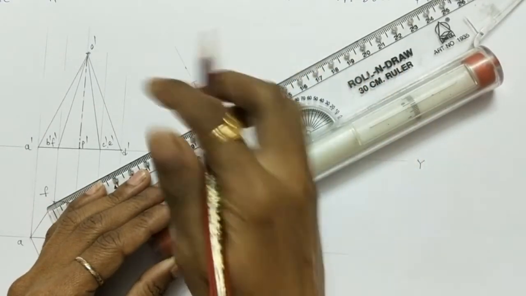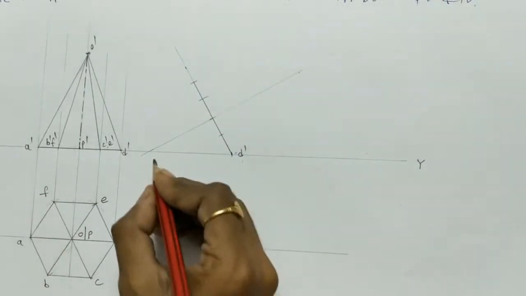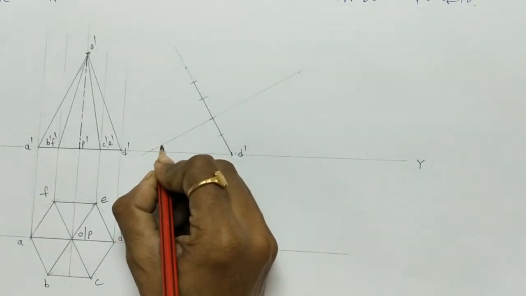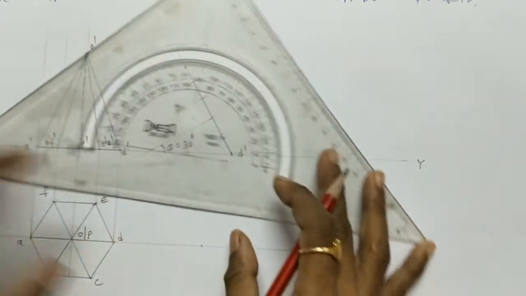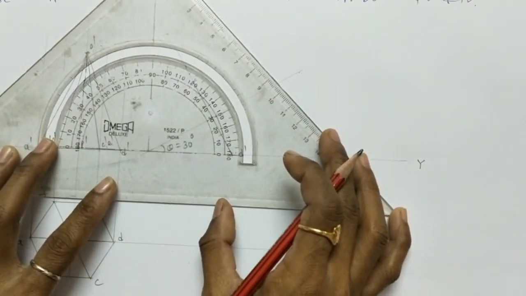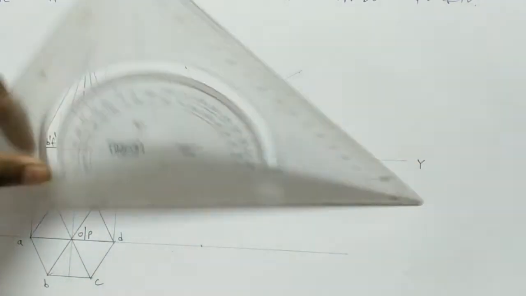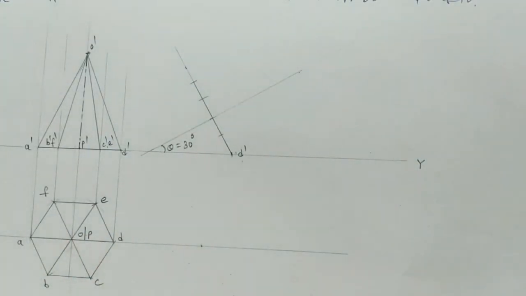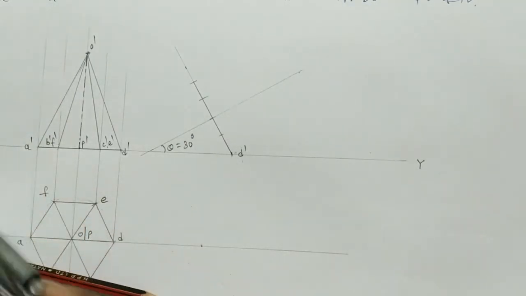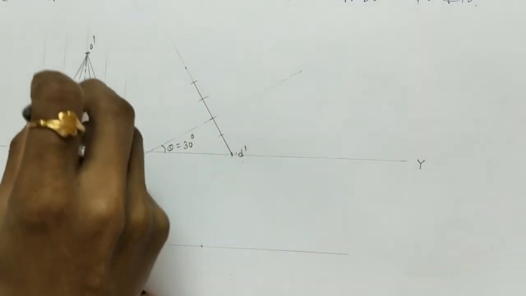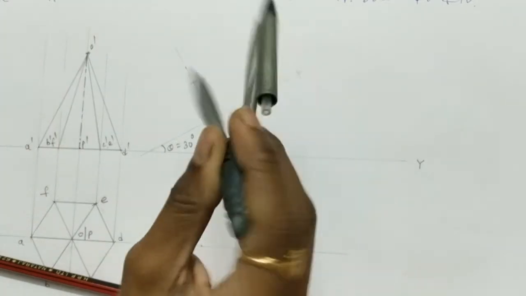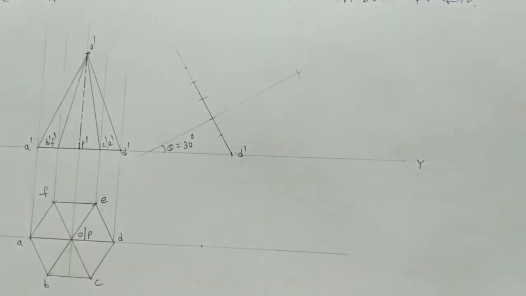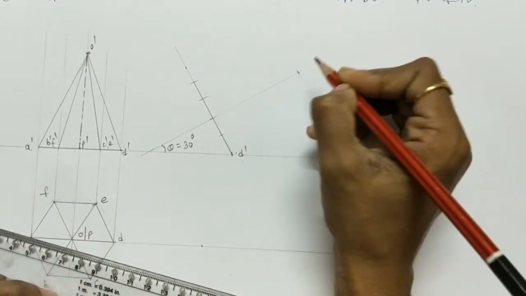So when you see, this is the angle theta, which is 30°. You can verify this from this point, as this is complete 30 degrees. So we have drawn correctly. Now measure axis distance with compass and draw here. Now join all these points to this apex, that is O dash.